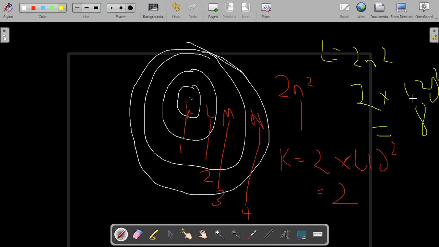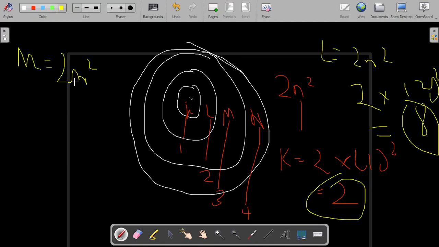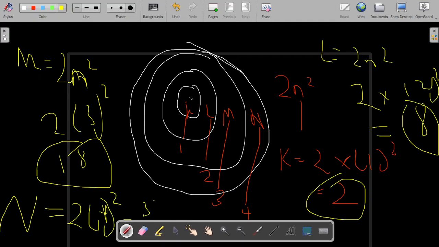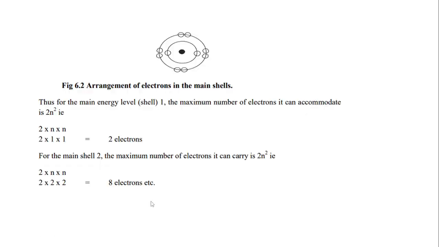So the maximum number it can occupy is 8. For the M shell, 2 times 3 squared gives 18. And for the N shell, 2 times 4 squared is 32. So that is it. Now let's proceed.